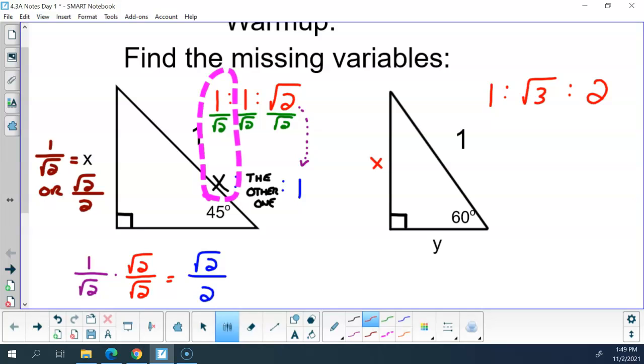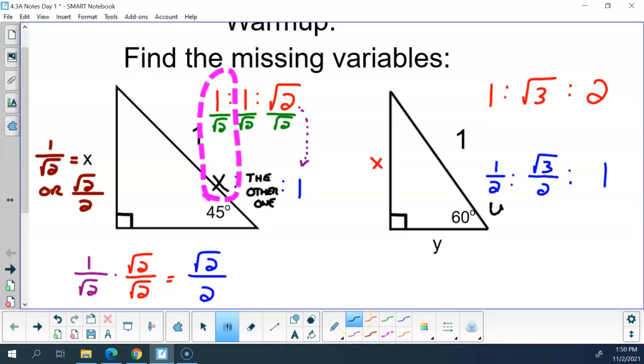My hypotenuse here is 1. So again, how do I go from a hypotenuse of 2 to a hypotenuse of 1? Divide by 2. So then this would be the square root of 3 over 2, and this would be 1/2.